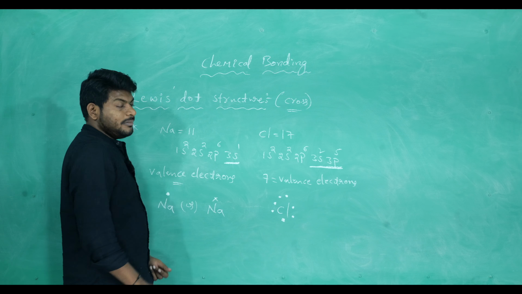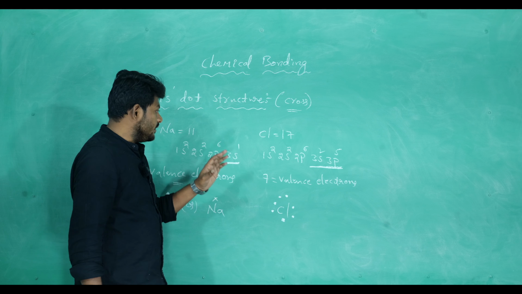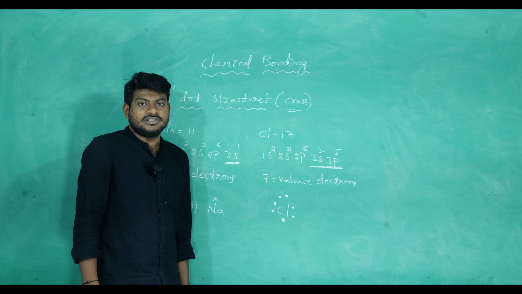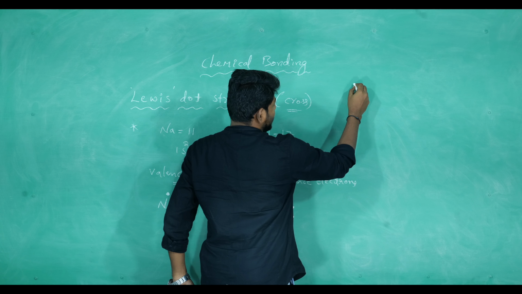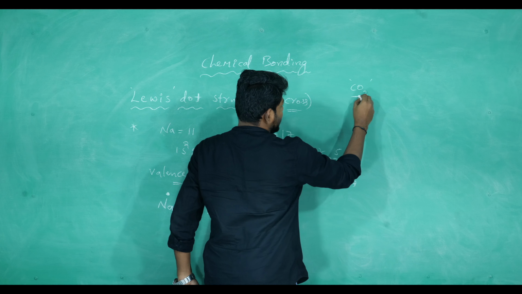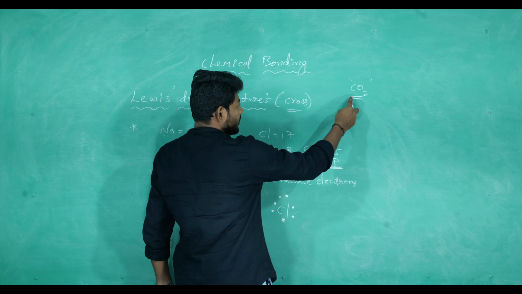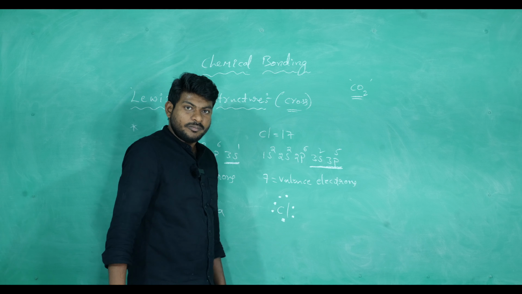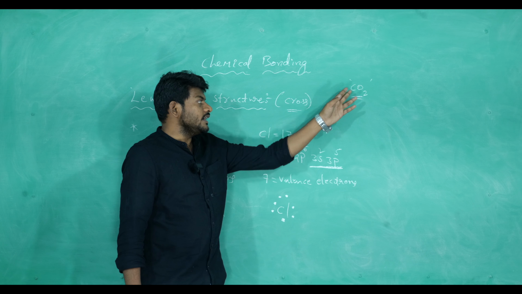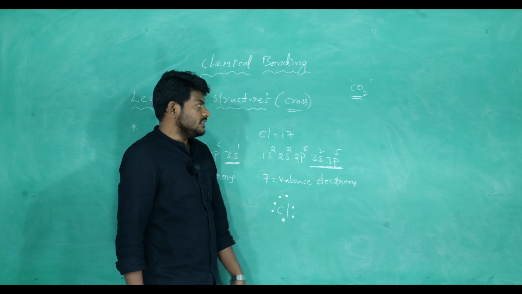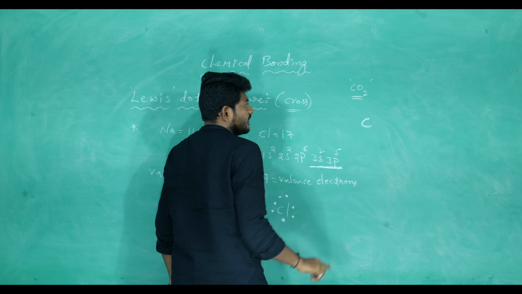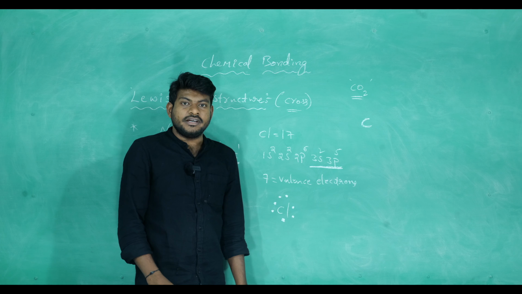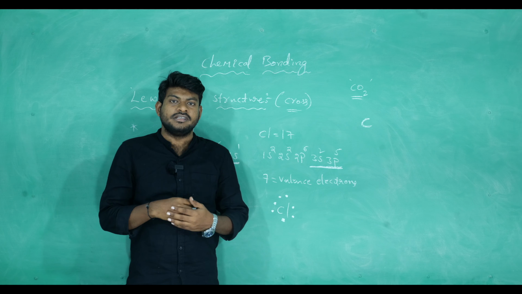We can write Lewis dot structures for molecules also. For example, take the molecule carbon dioxide, CO2. In this carbon dioxide, the central atom is carbon, and the two attached elements are oxygens. Carbon's valence electrons are 4, because carbon's atomic number is 6.